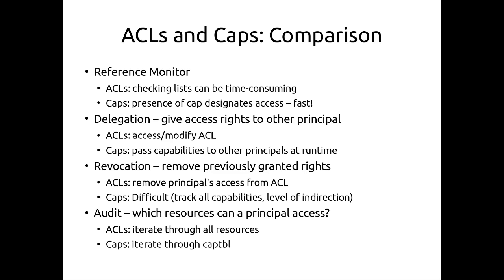So ACLs tend to be more heavyweight and more time-consuming, whereas a capability itself, essentially an index into a capability table, denotes both the resource that you're performing an operation on and which operations can be performed. So it's really just a lookup in a logical array, which is very, very fast. So a reference monitor can typically be faster at providing its key operation of deciding yes or no whether you should be allowed to access a resource for capability tables than for access control lists.